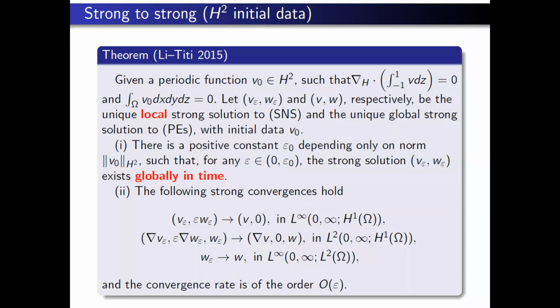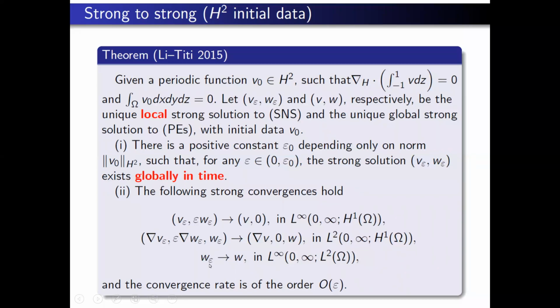So such that for any epsilon between 0 and epsilon 0, the strong solution of the Navier-Stokes equations not only exists locally, but globally in time. And we also have the following strong convergence: V epsilon converges to V0 in this topology, and similarly this one converges in this topology.